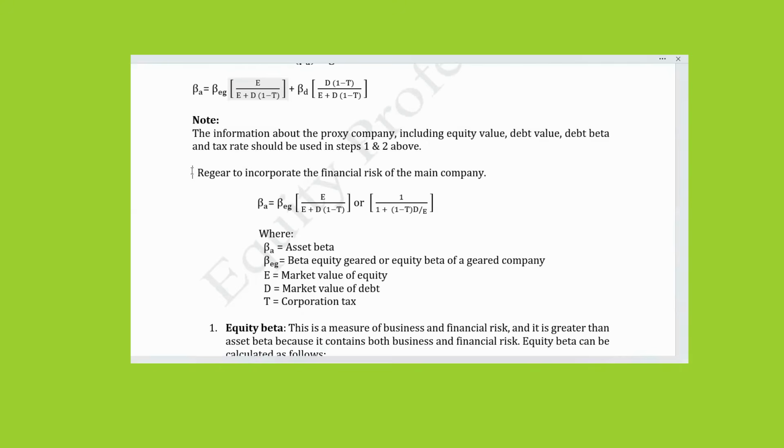Because the cost of capital that you want to calculate, the WACC, must be consistent with the systematic business and financial risk associated with the project. That is why you are regearing it. You want to include the element of financial risk, the element of debt, into your cost of capital. So that's step number 3, regear.